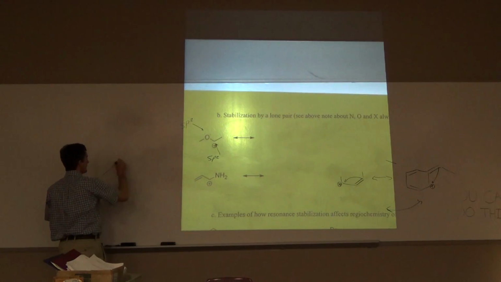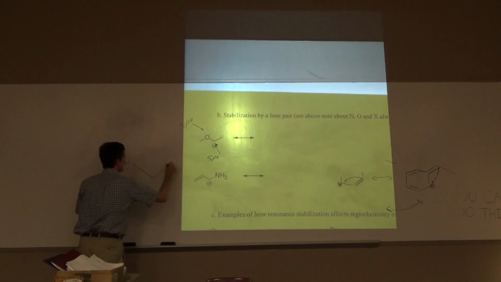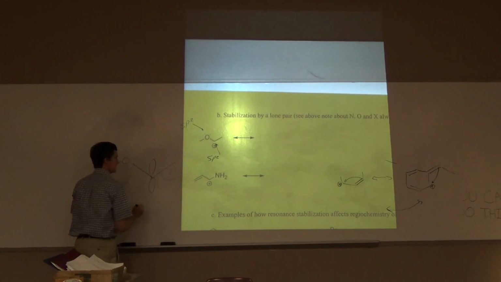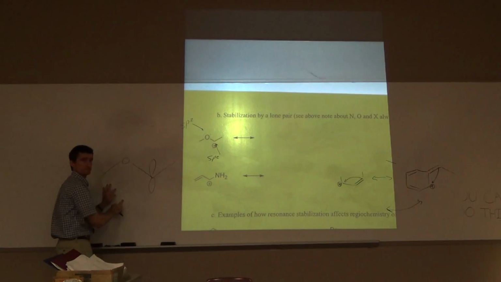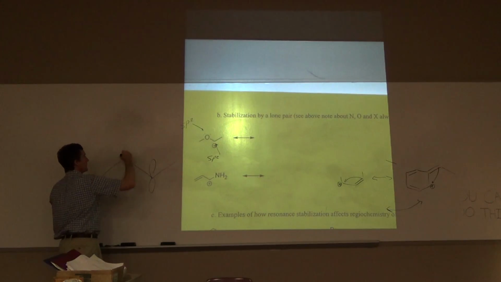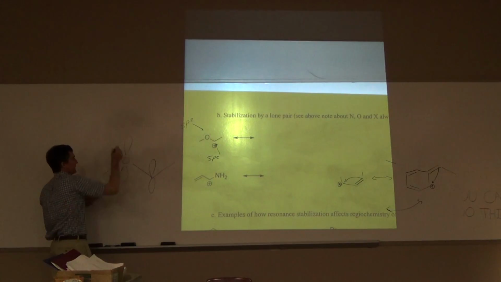So what we have here is a p orbital, empty. We're going to make this. There's the oxygen, trigonal planar. One lone pair in the hybrid, the other lone pair in a p.